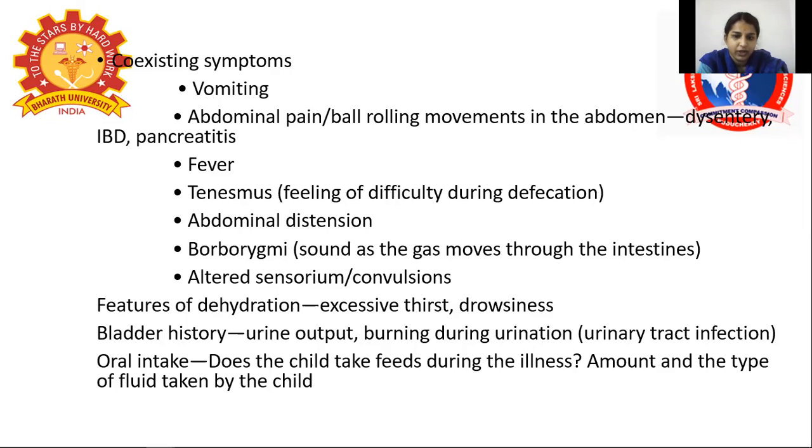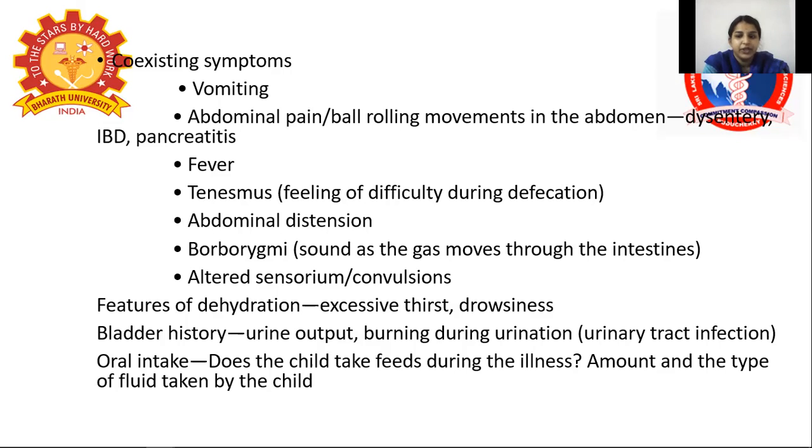Altered sensorium or convulsions. And whether there is any fever, or features of dehydration, like thirst, drowsiness, prolonged skin pinch, and a history about the urine output. Urine output is also another feature that indicates whether the child is dehydrated or not.